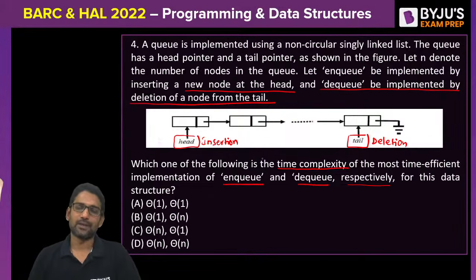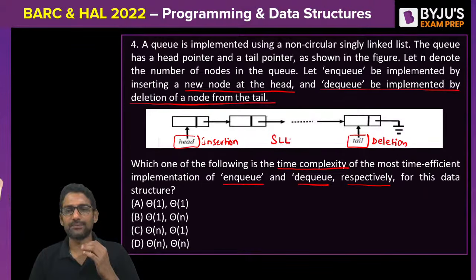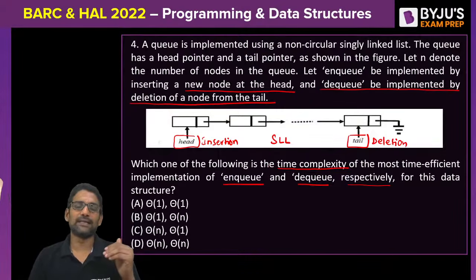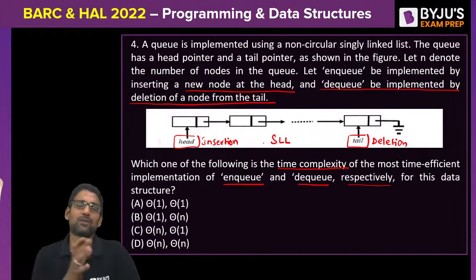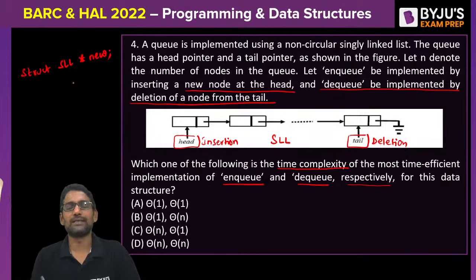Yes. See, it is given single linked list. So in the singly linked list, only forward tracing is possible, not backward. So if you want to insert at the head, it is easy. You will be creating a singly linked list new node.